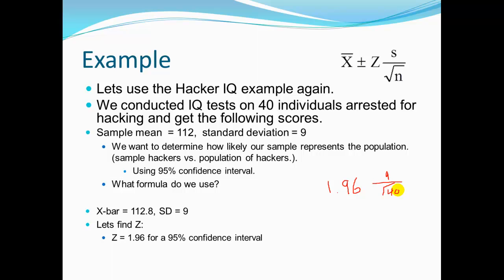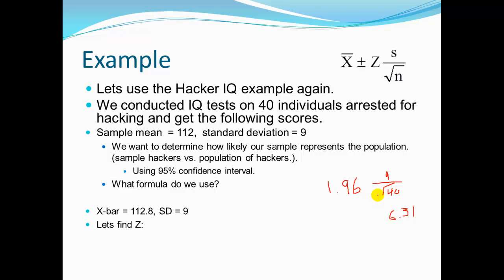So let's get that first. What's our square root of 40 here? Alright, so square root of 40, what do we get there? We would get 6.31. Have to do a little bit of rounding to get that.